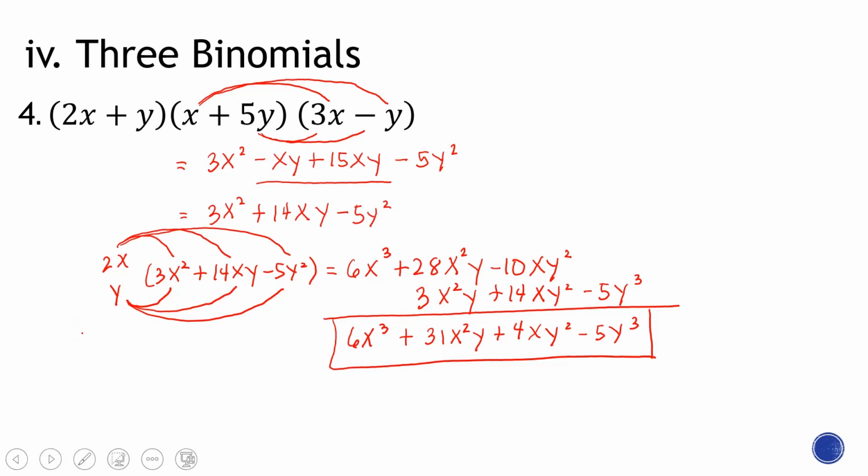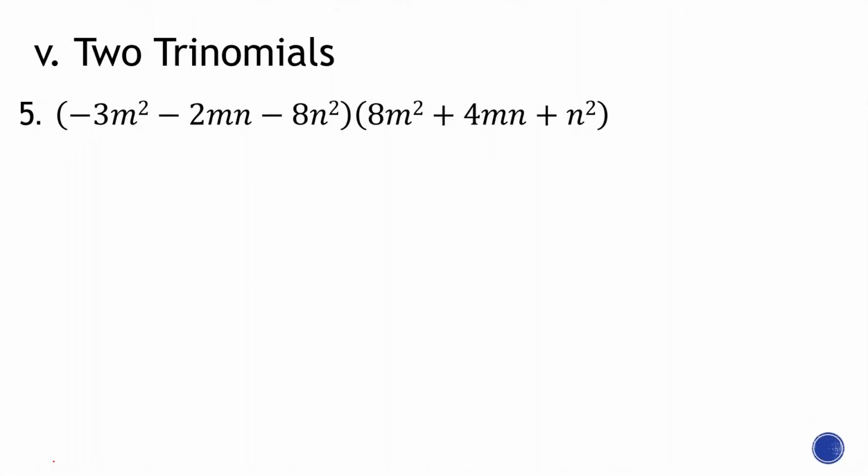Okay, so let's go to the last one, which is about multiplying 3 binomials, sorry, 3 trinomials. No, 2 trinomials. Sorry, 2 trinomials. So the way I will set up this problem is similar to what I did in multiplying a binomial and a trinomial.